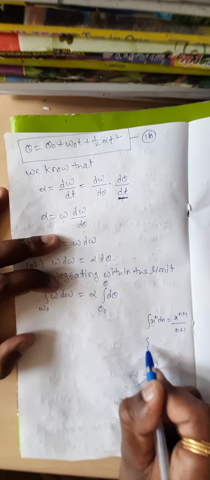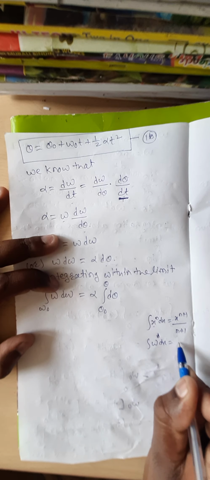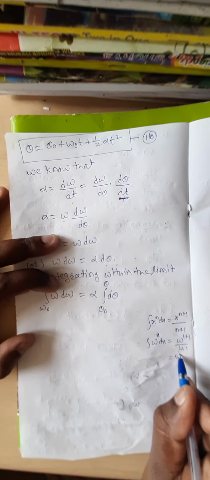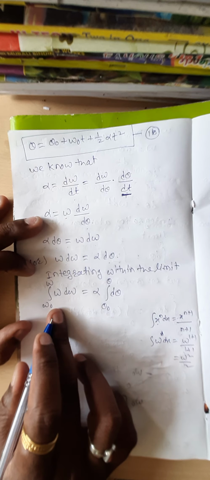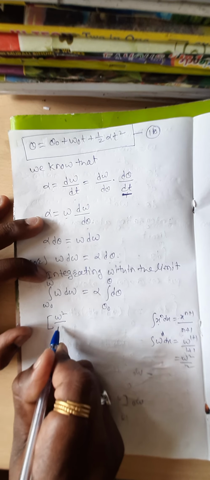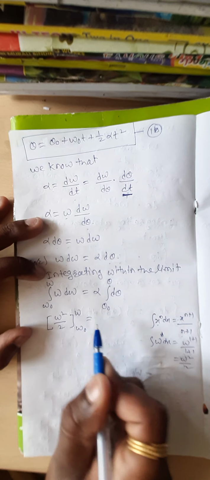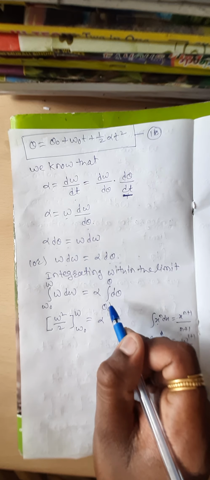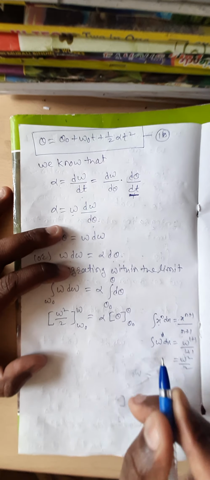Therefore the integration of omega to the power 1 is omega to the power 1 plus 1 divided by 1 plus 1, that is omega square divided by 2, with lower limit omega naught and upper limit omega, which is equal to alpha times the integration of d theta. Integration and differentiation cancel, leaving theta, with lower limit theta naught and upper limit theta.